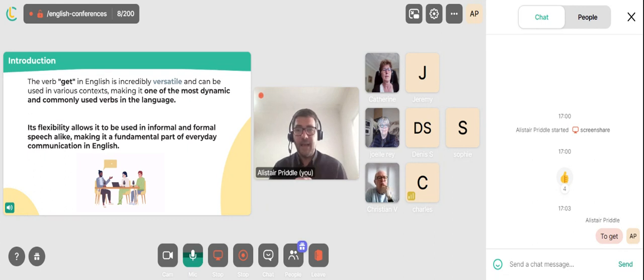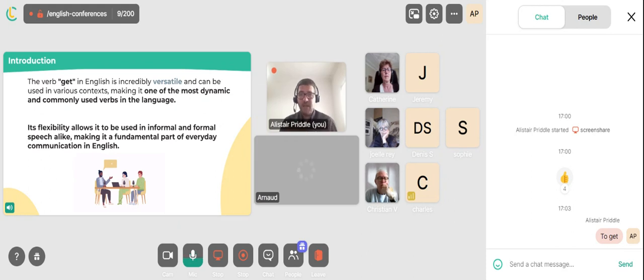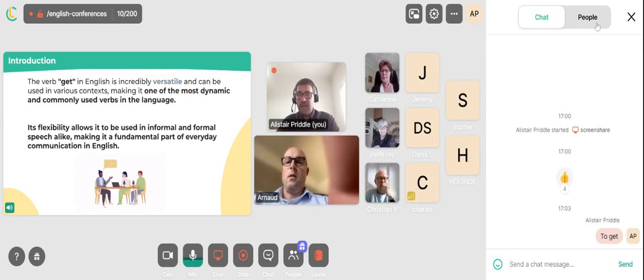Its flexibility allows it to be used in informal and formal speech alike, making it a fundamental part of everyday communication in English.